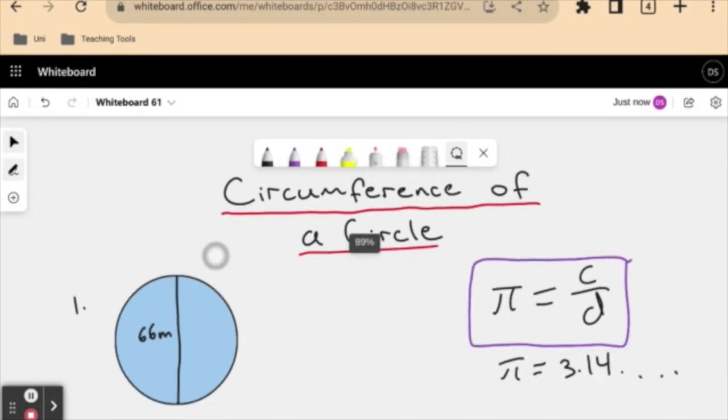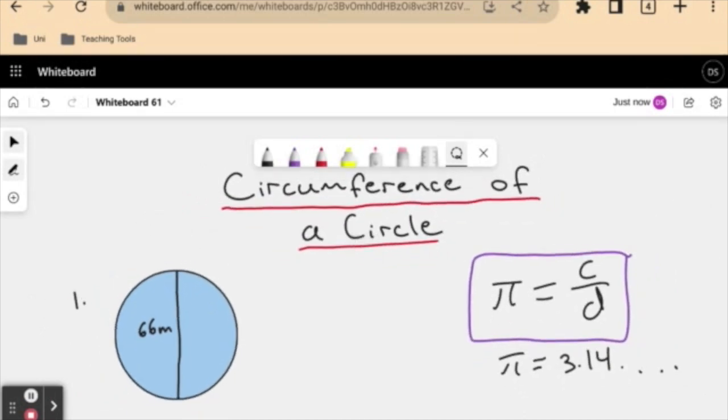And we will start to work through the example on the left here. Now, I'm given this circle and the diameter, so the distance from one point on the border of the circle to another, passing through the center of the circle, this distance is 66 meters.